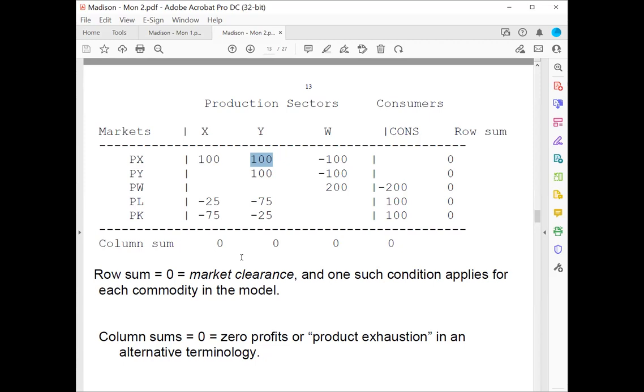What I'm going to do, I don't like forward references, but to get rid of that indeterminacy, the typical way is to fix one price, and then that equation that's complementary to that variable is dropped from the model, and I'm going to fix PW.